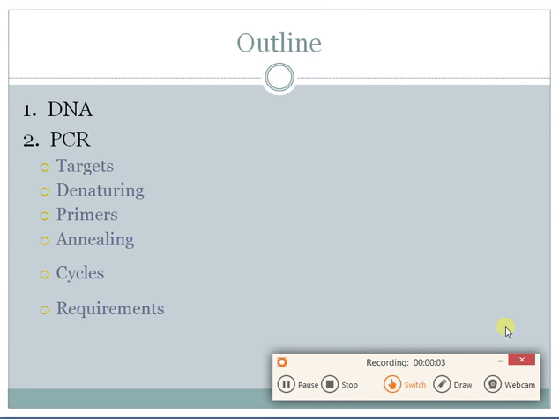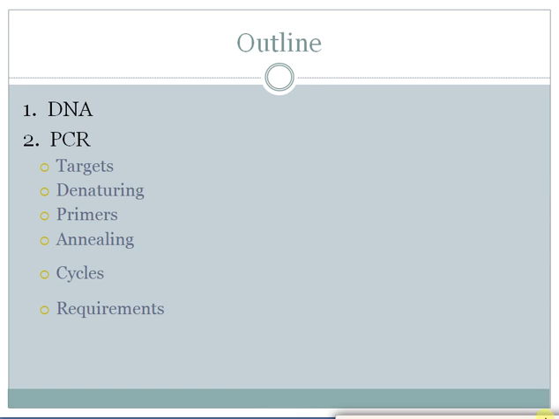Now we are discussing the polymerase chain reaction. In PCR, we use the Thermus aquaticus Taq polymerase enzyme. What are the targets? Then also denaturation, primers, annealing, cycles, and requirements.